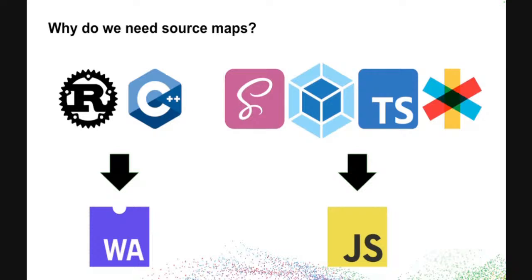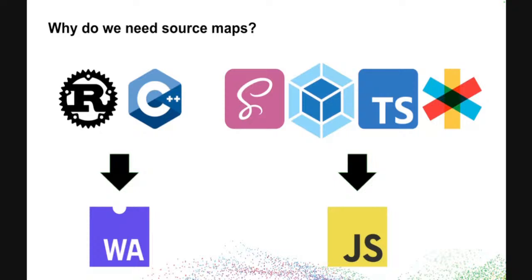Maybe they were written in C++ or Rust, and they're compiled to WebAssembly and then deployed to the web. But even for our more common web app stacks, we have all these different languages like Sass, TypeScript. We use different tools, different compilers, to make your bundle size smaller. And then we put them all through bundlers like Webpack or ESBuild, and they spit out some JavaScript.